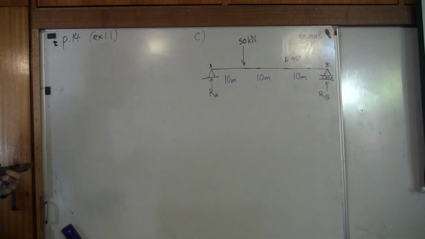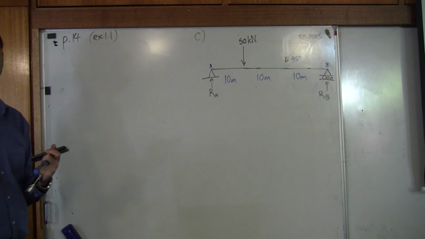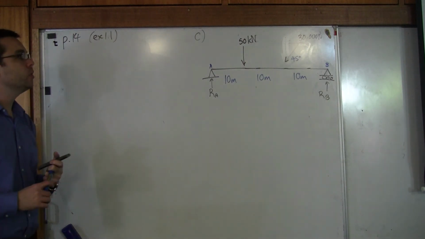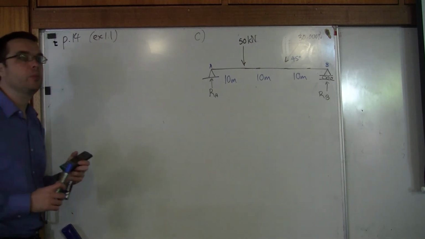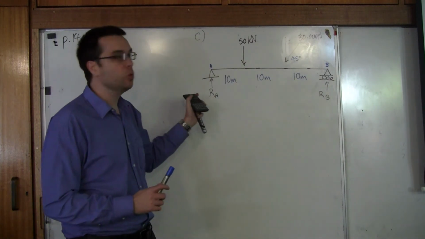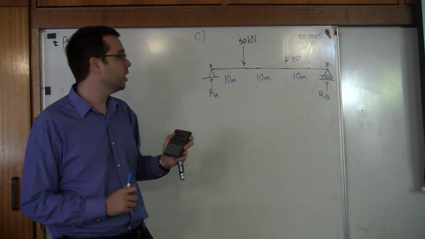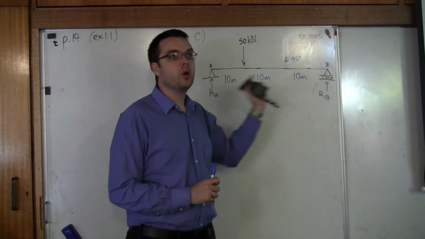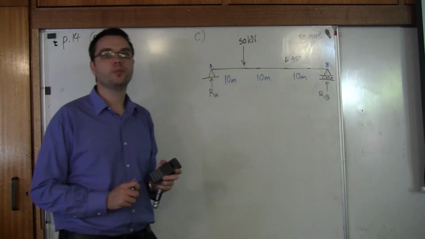If we follow through the book, what we need to do is find the forces. We're going to worry first about the forces vertically, but we also need to worry about who is going to take the horizontal forces. So when we look at our reactions, only one of these can take horizontal reactions.